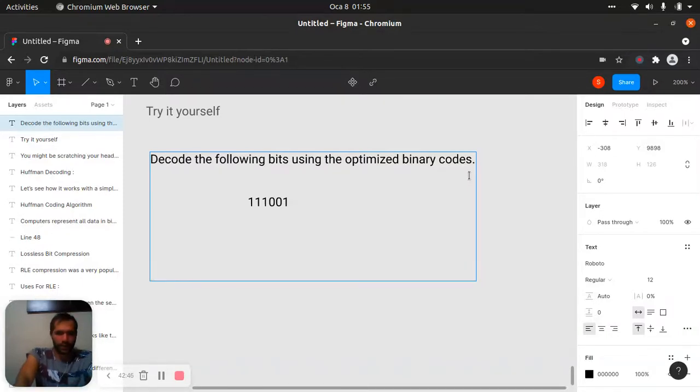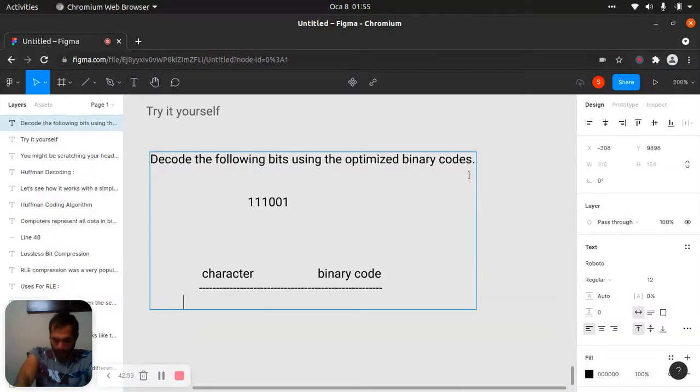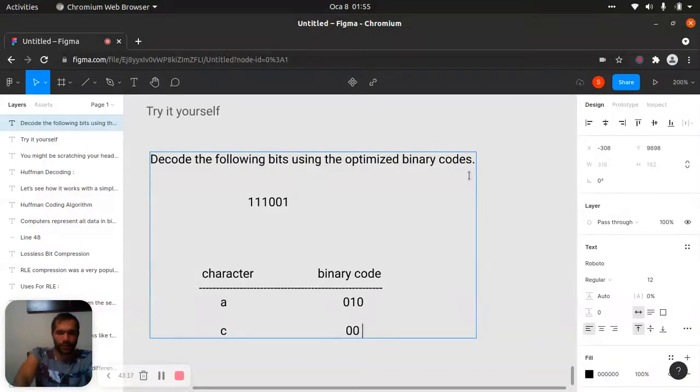And let's come down. Here our table will have character and binary code. Let's say this will be adenine. Adenine will be represented with 0 1 0. Cytosine will be, as you remember, 0 0.